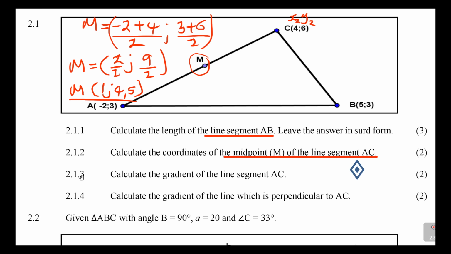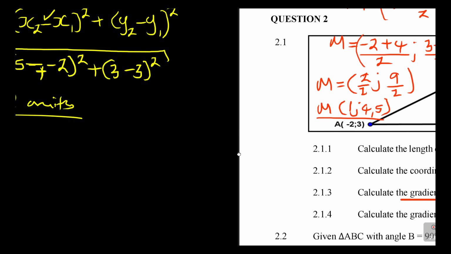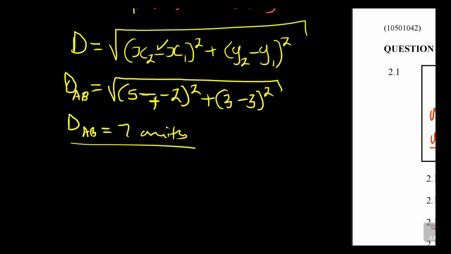And then the next question says calculate the gradient of line segment AC. Now we're looking at gradient. Again, when we're talking about gradient, we are back to saying formula. Remember, gradient M is equal to y2 minus y1 over x2 minus x1.